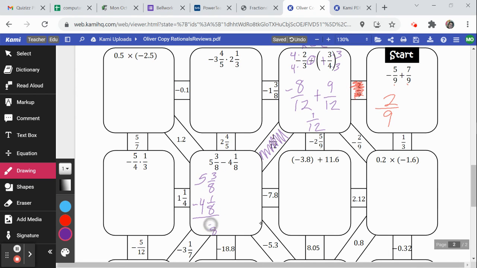That does not change. And 3 minus 1 is 2. And 5 minus 4 is 1. If you notice, that is not an answer that is available because we have to simplify. 2 can go into 8 and 2. So I'm going to divide, keep my 1, and I get 1/4. So that means now we go this way.